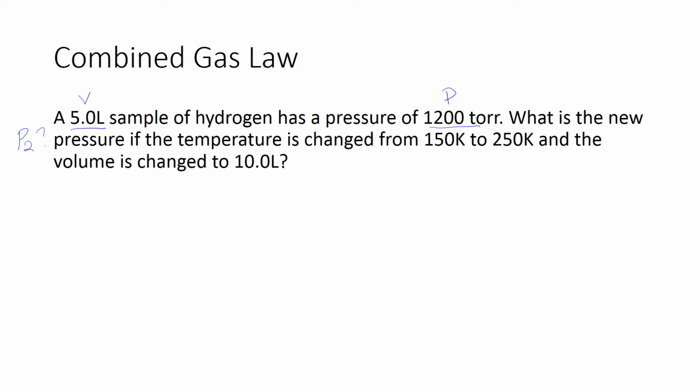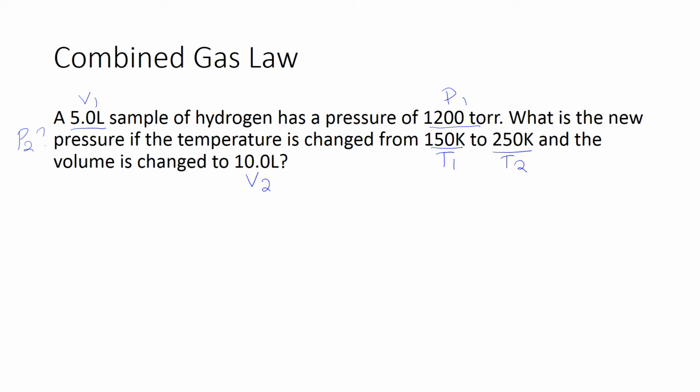If the temperature is changed from 150 Kelvin, so this is my T1, to 250 Kelvin, which is my T2, and the volume is changed to 10 liters. So this is my new volume. I'm going to go back and label that as my initial volume and my initial pressure.